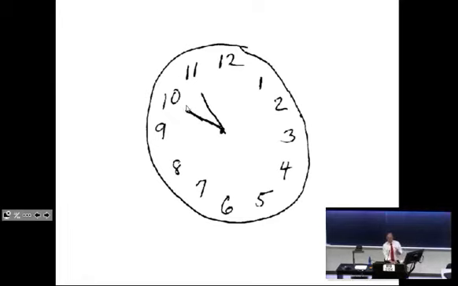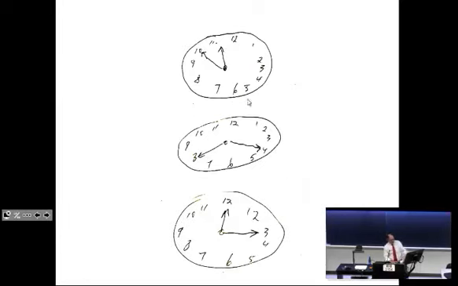Question is, is it true? If it's true, I should be able to show you different time settings where you don't see this. Here is a patient in my office, and I had the patient draw 3 time settings, one right after the other. For 10 after 11, they did exactly what I described.